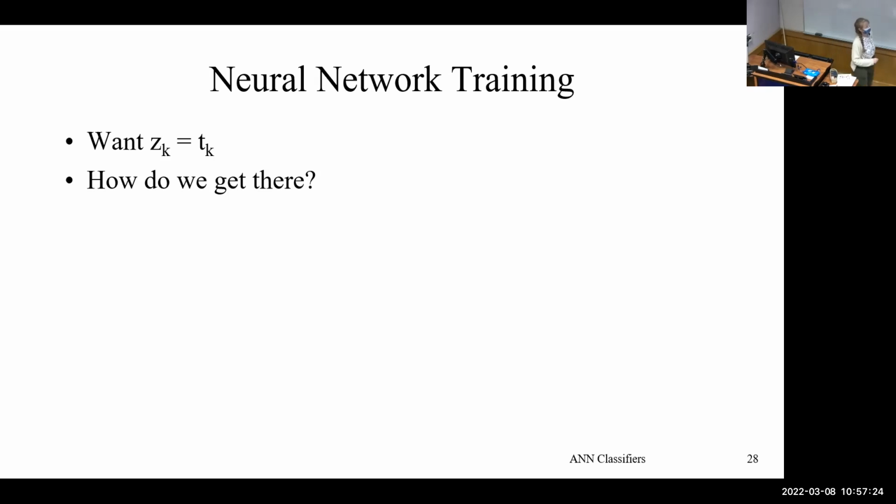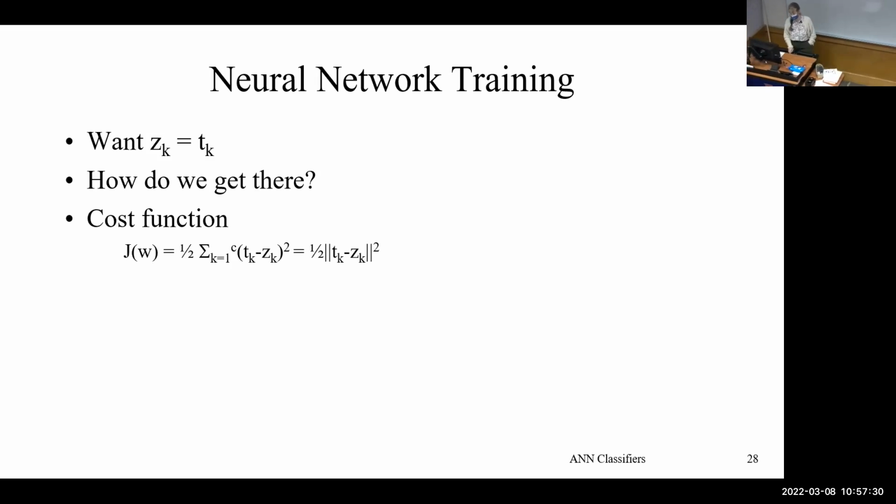So then comes the question of how do we get there? We said we're not going to use linear algebra because we don't have the linear part there. So with something nonlinear, we're going to build a cost function to say how much error, how much wrong are we? We want to minimize the wrong.